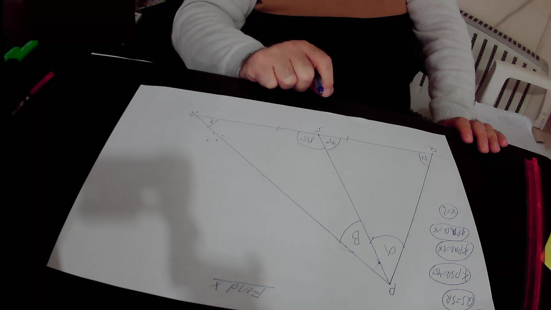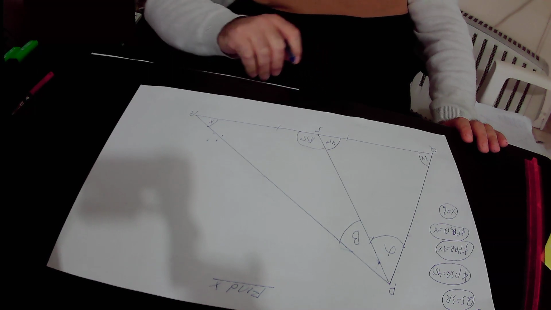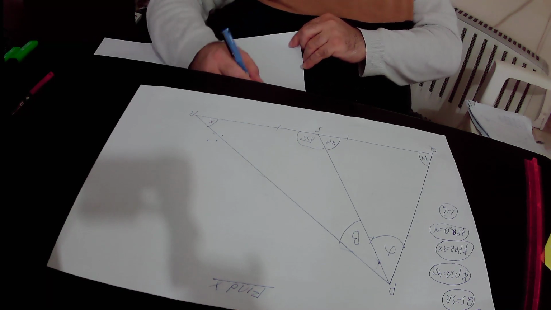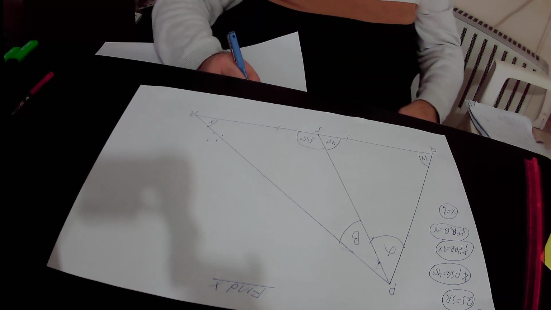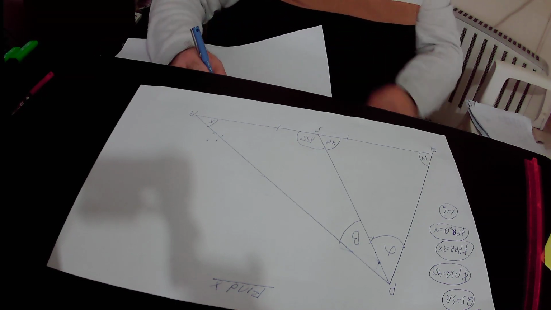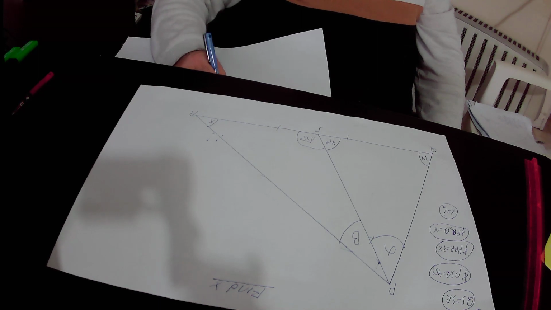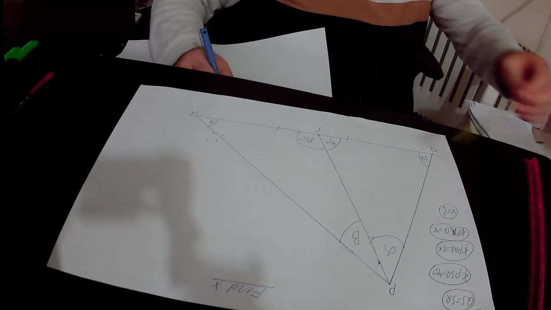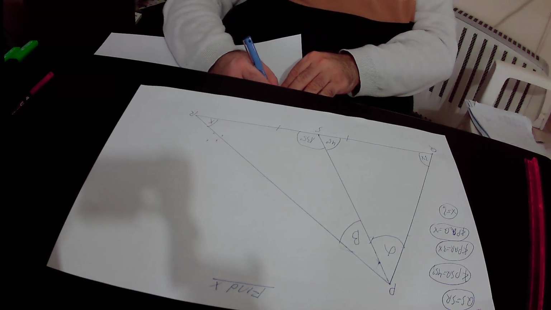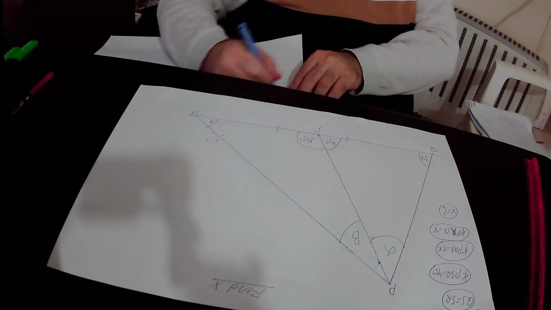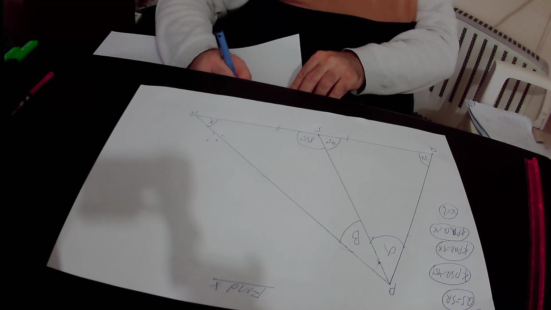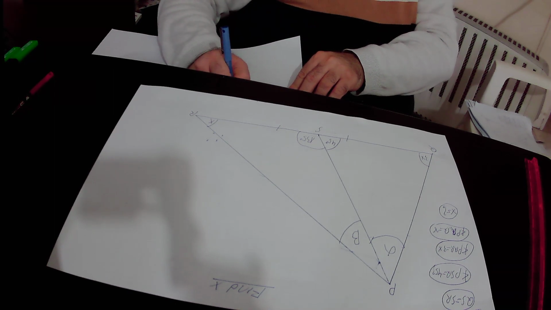And we also know that the sum of the angles in any triangle is equal to 180 degrees. So if you focus on triangle PQS, we know that the sum of the angles in triangle QPS is equal to 180 degrees. That is to say, alpha plus 3x plus 45 degrees must be equal to 180 degrees.